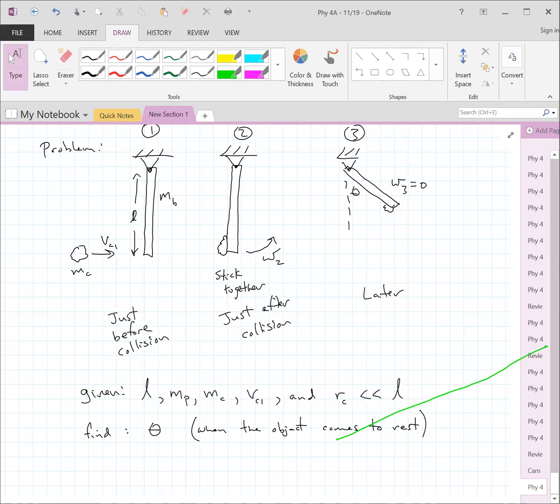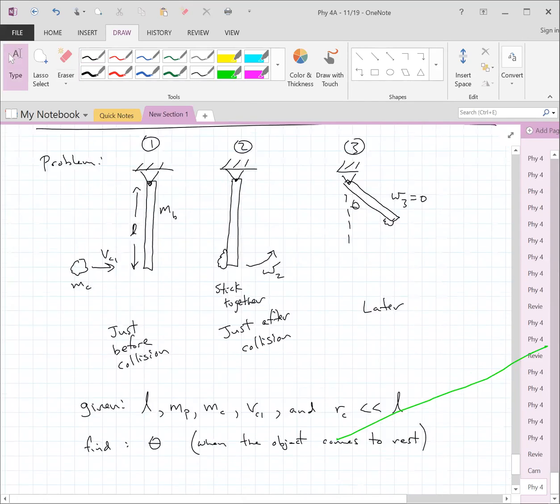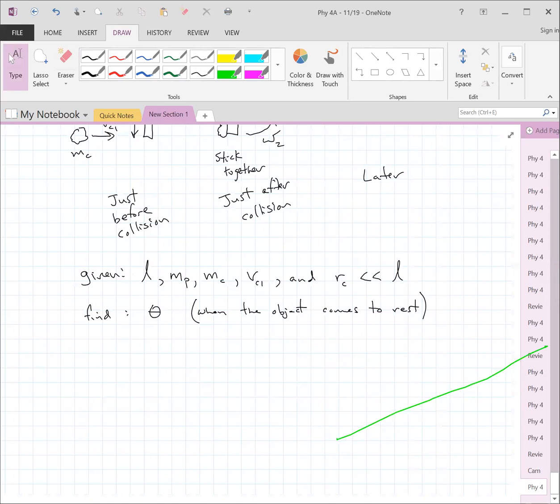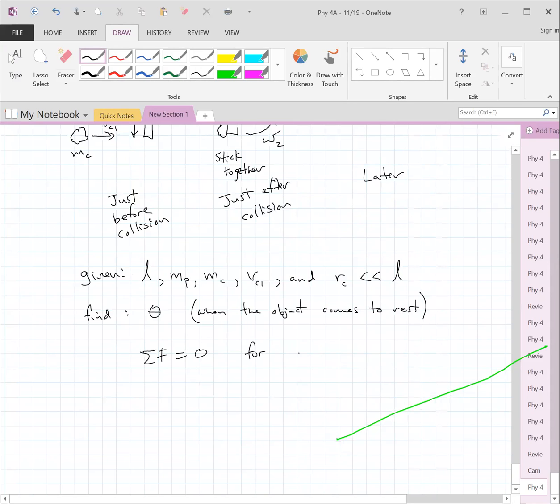And what we're going to say is that the sum of the torque is zero. Sum of the forces equals zero is what we need for linear momentum, and sum of the torque equal to zero is what we need for angular momentum.